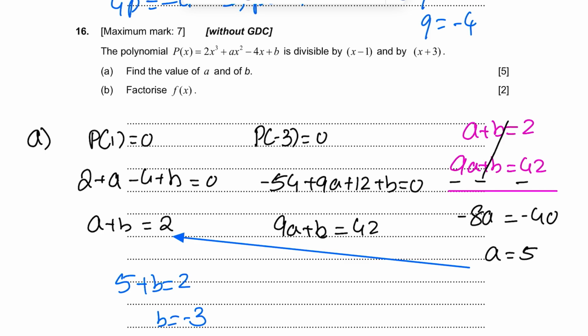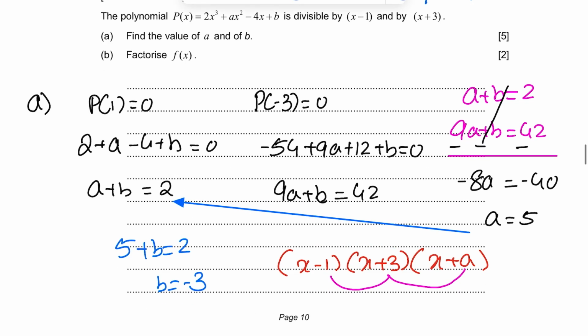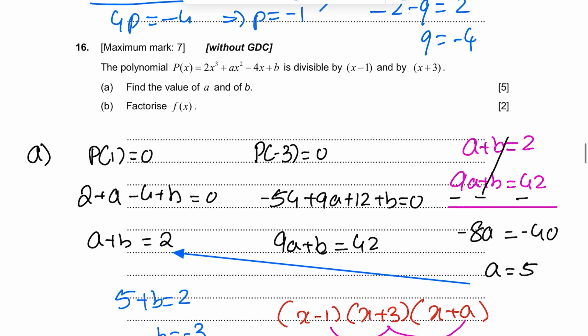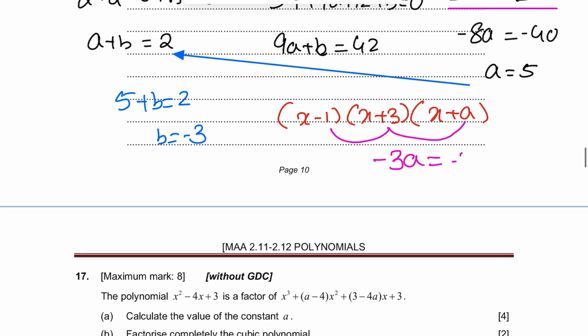So what is the factorization now? It is x minus 1, x plus 3, and something x plus a. So take the constants. Minus 1 times 3 is minus 3. Minus 3 times a is minus 3a. Minus 3a should be equal to what is the constant over here? b. What was the b value? Minus 3. So a becomes 1.